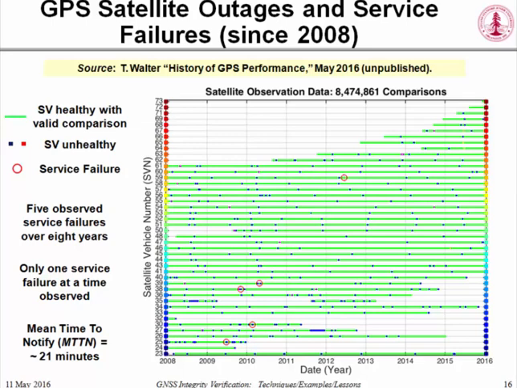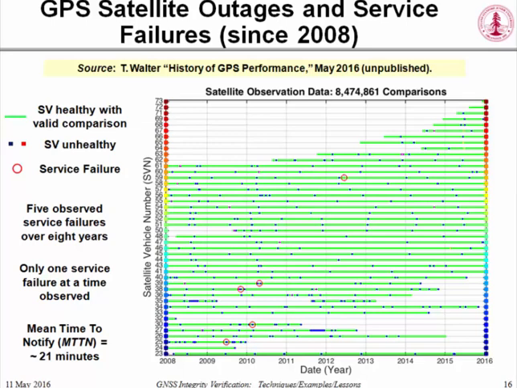Little blue and red dots indicate the satellite being unhealthy and telling you it's unhealthy. The satellite tells you it's unhealthy by broadcasting an unhealthy flag in the navigation data, or it may suddenly switch to non-standard code, which you're not supposed to track. It can also do what's called a sat zap. There are various ways for the satellite to tell you it's unhealthy.